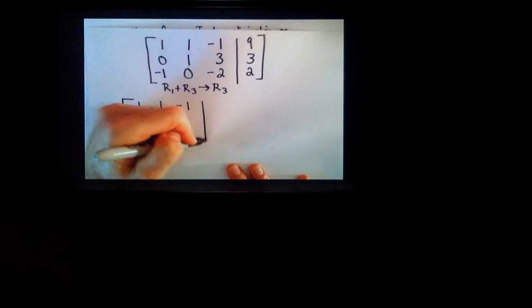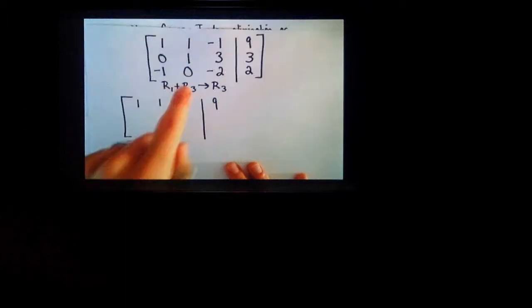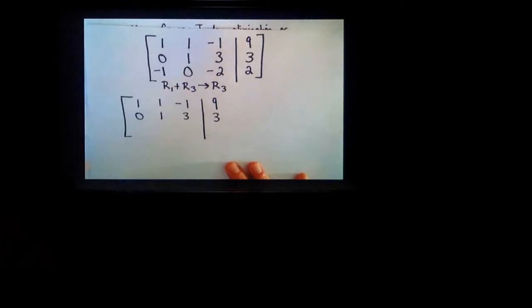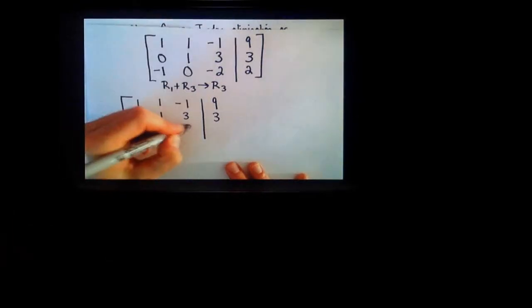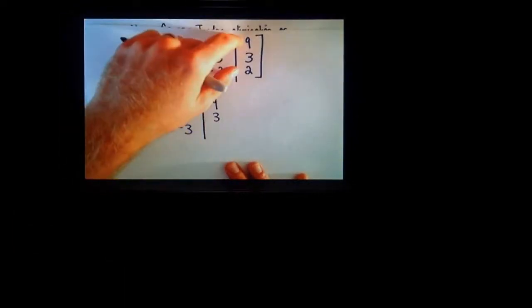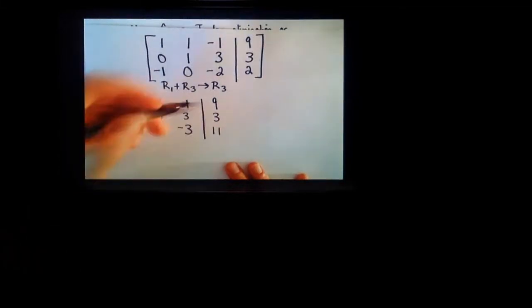So I'm not changing the first row, not changing the second row either. And now I'm going to do my arithmetic. So 1 plus negative 1 will be 0. That's what we wanted. 1 plus 0 will be 1. Negative 1 plus negative 2 will be negative 3. And then 9 plus 2 will be positive 11.